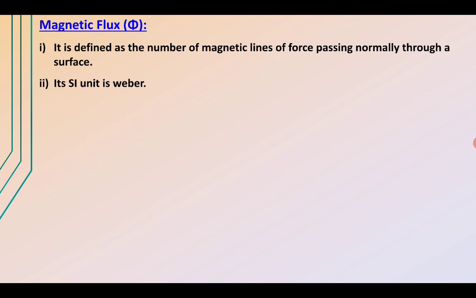Its SI unit is Weber. Now there is a relation between B, the magnetic field, and H, the magnetic intensity, that is B is equal to mu H, where mu is the permeability of the medium.